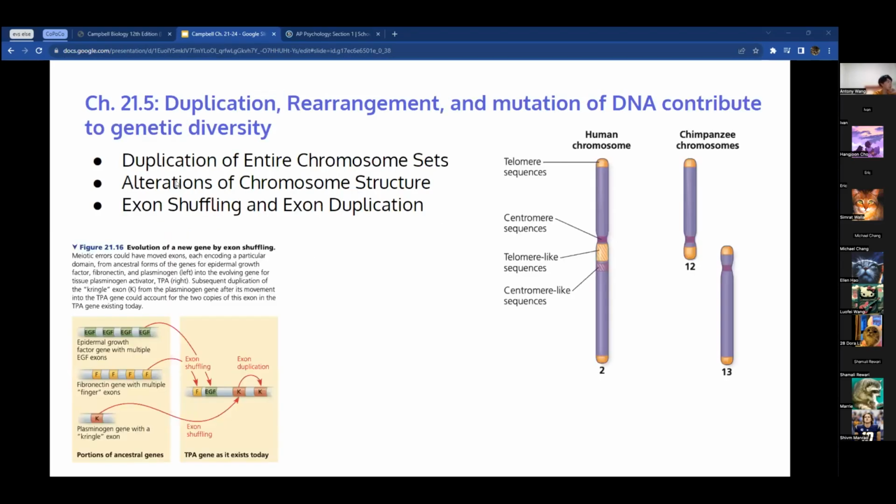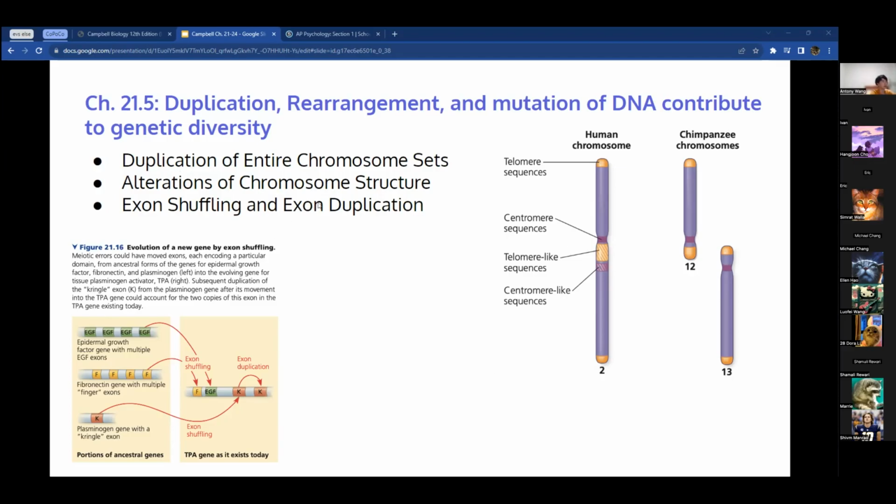Duplication, rearrangement, and mutation of DNA contribute to genetic diversity. Duplication of entire chromosome sets, alterations of chromosome structure, exon shuffling, and exon duplication are some ways that new functions of proteins, and even new species, can arise. Duplications of entire chromosome sets, this kind of aneuploidy, is usually deadly, but in some cases, as we'll see later, this can be helpful.